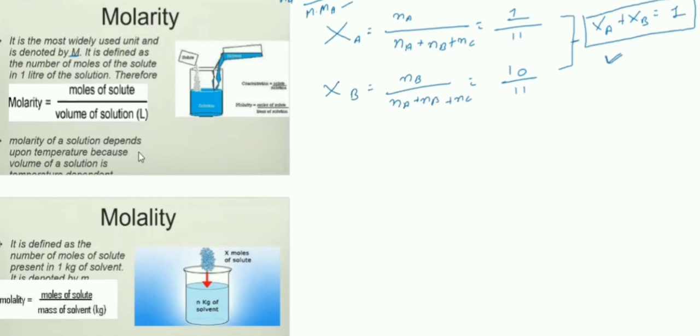Now, one very important thing is that molarity of a solution depends upon temperature, because the volume of the solution depends upon temperature. For example, if we have a solution which has volume 1 liter and I have dissolved 1 mole of NaOH in this.